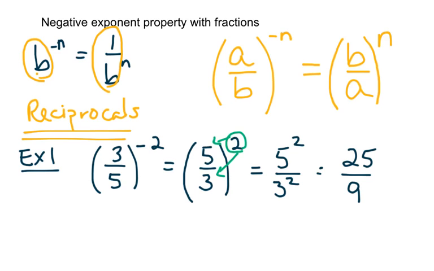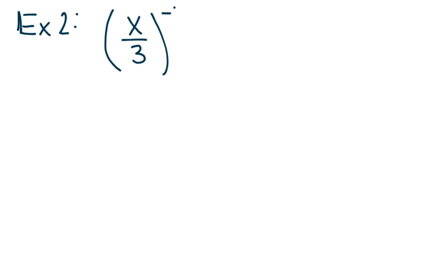Let's do another example. And this one's going to have a variable with it. Example 2, we have x over 3 to the negative 4th power. So if we have a fraction to a negative, we are going to take the reciprocal of the fraction, which would be 3 over x. And because we took the reciprocal, that takes care of the negative part, and it becomes a positive exponent.